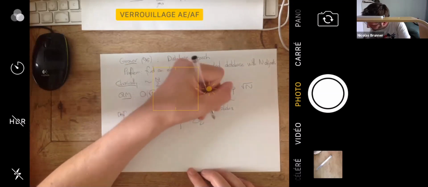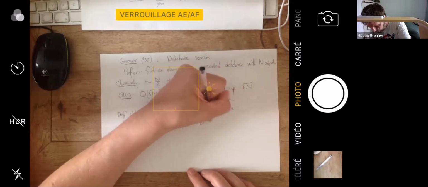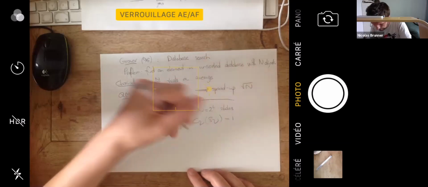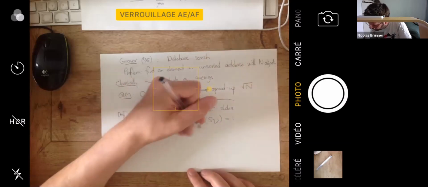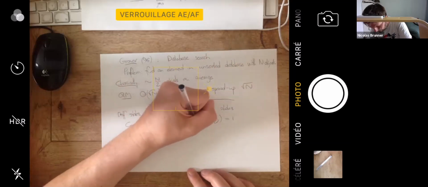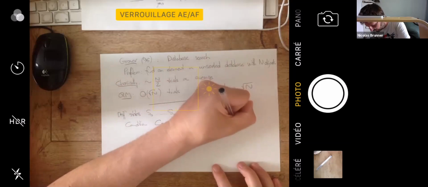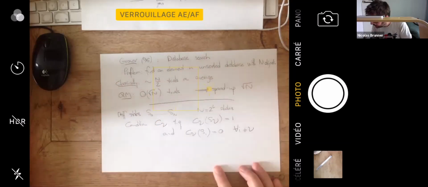This condition is such that C nu on the state S nu is equal to 1, and C nu on any other state S i is 0, for all i that is different from nu.